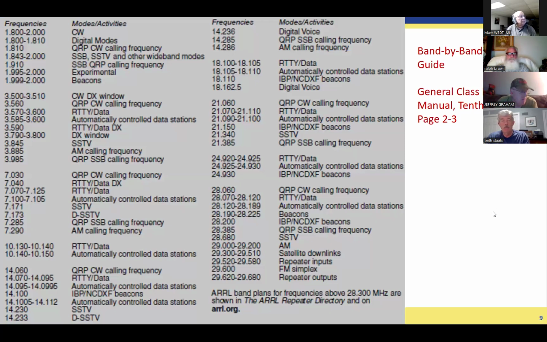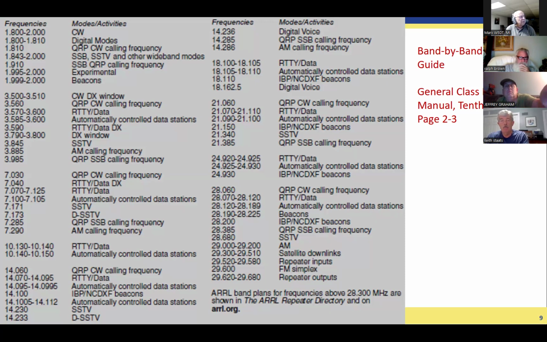Here's the band plan that has been sort of agreed to, that people pretty much adhere to, generally speaking.